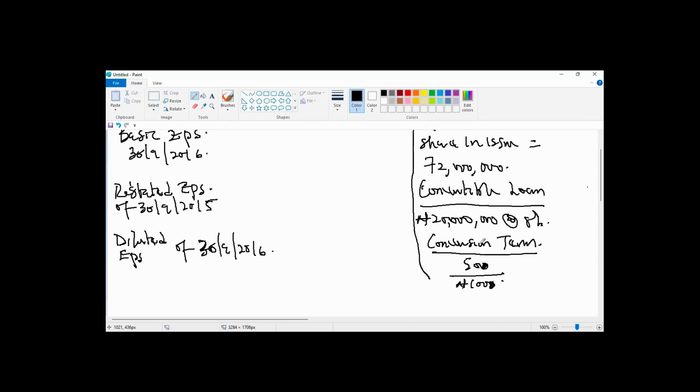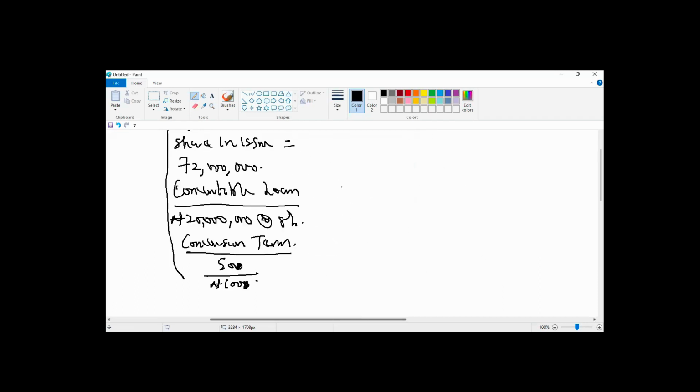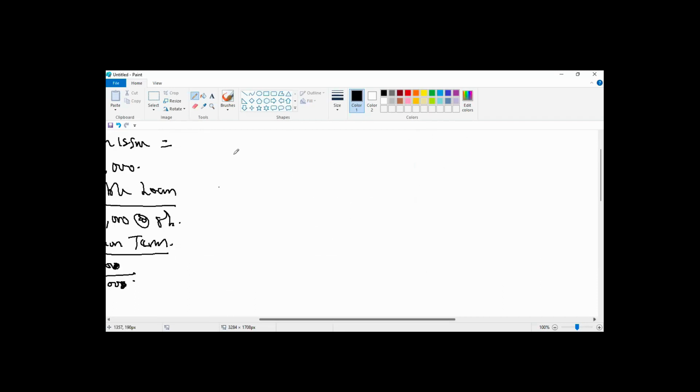On 1st of January 2016, Bella made a fully subscribed rights issue of 1 new share for every 4 shares at a price of 2 naira 80 kobo. Oh, there is a rights issue, which I know how to calculate.